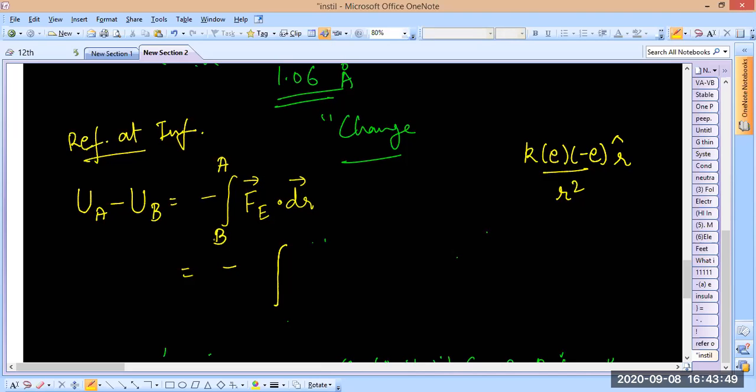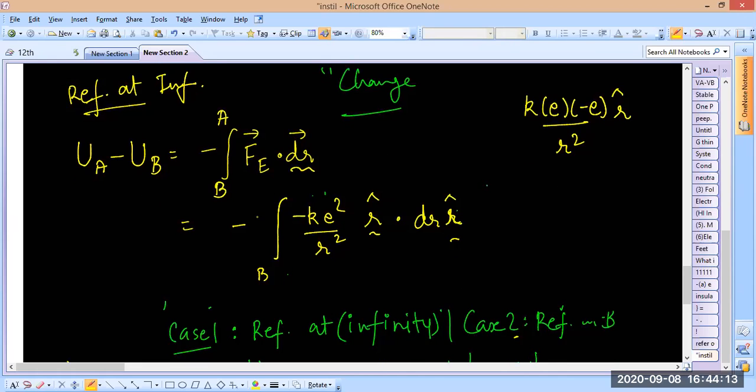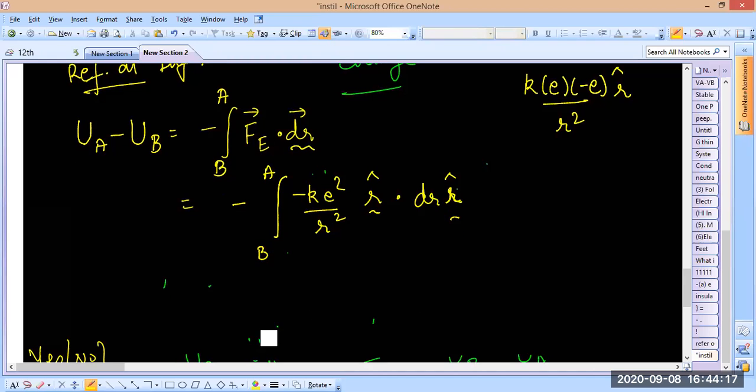I hope you remember this one as well. So now instead of dr vector we should write dr r hat. Now r hat dot r hat will be 1, and then we have to put limit from B to A.